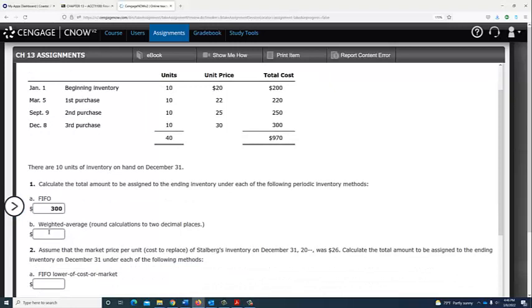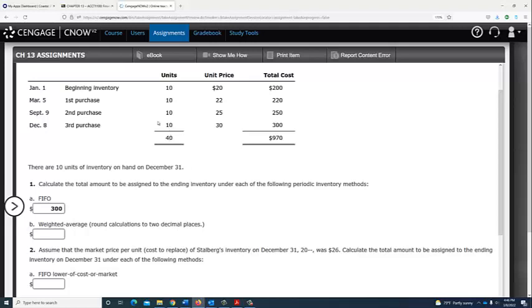For weighted average, we're first going to determine our weighted average cost per unit. To do that, I'm just going to take the total cost and divide it by the total number of units. And that's going to give us $24.25 each.